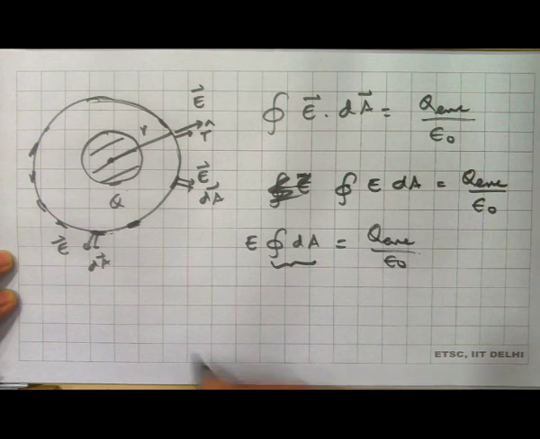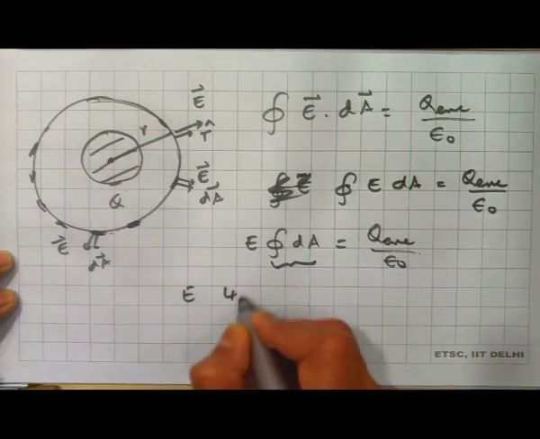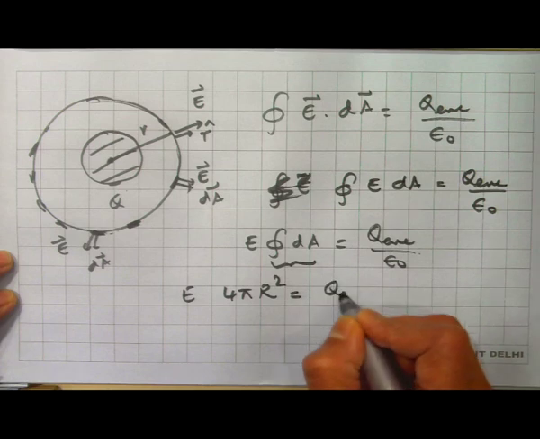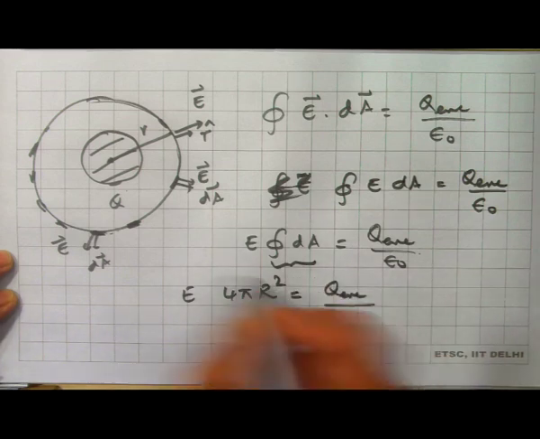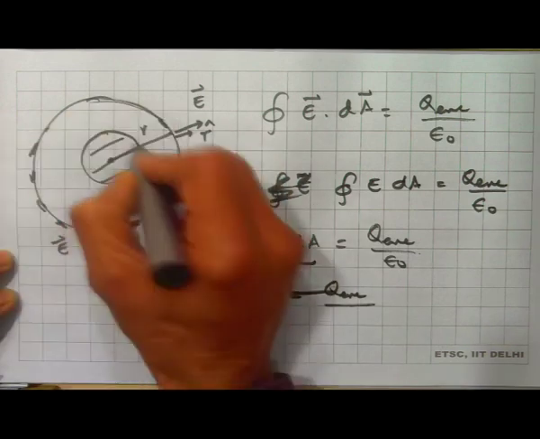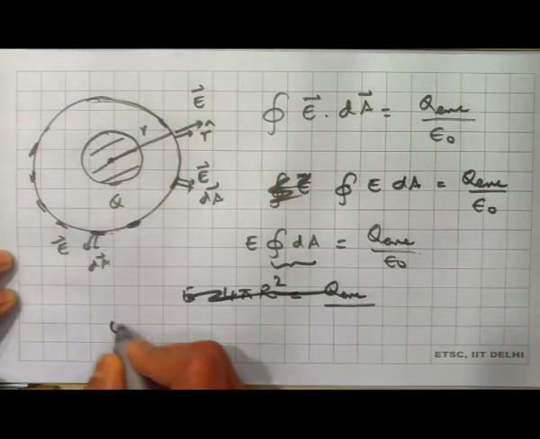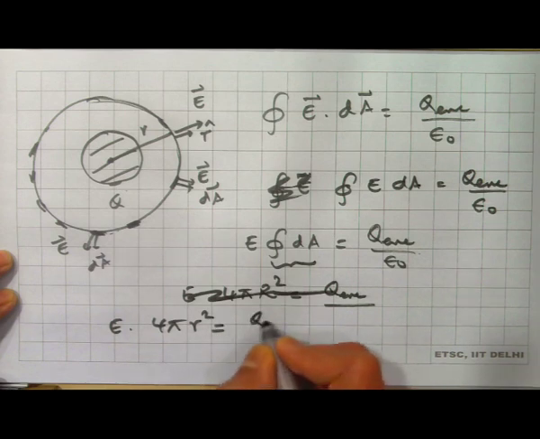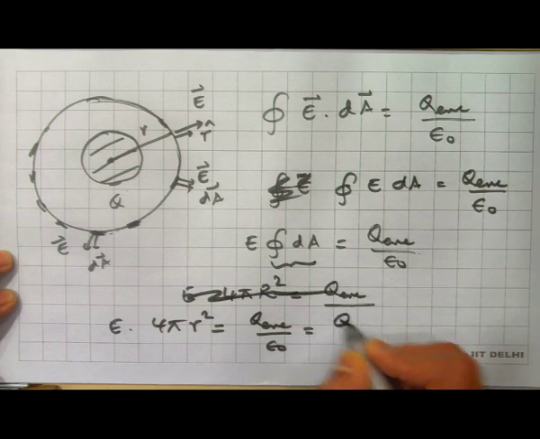So, I can take the electric field outside and what is this? This is the area of the sphere. So, this is E into 4 pi r square is equal to q enclosed by epsilon 0, and q enclosed is nothing but the charge which I have added to this sphere.